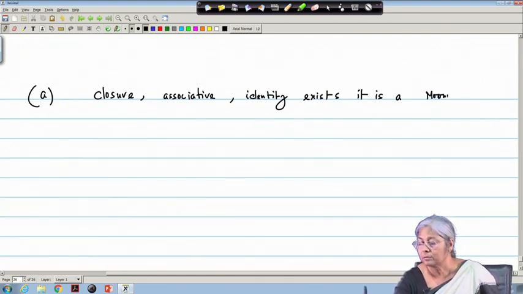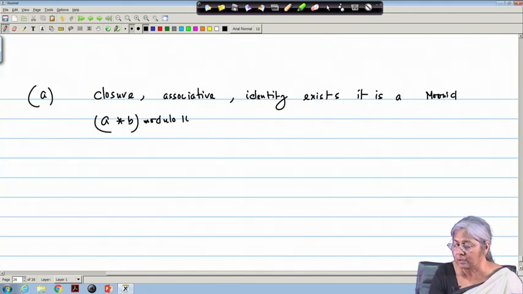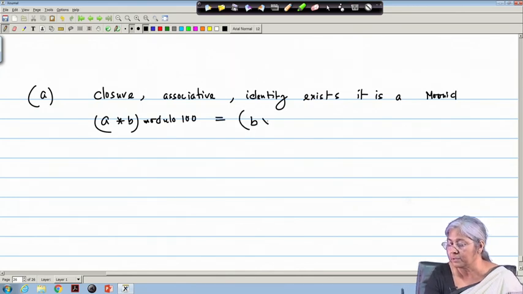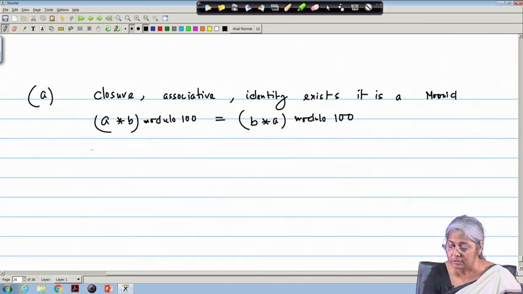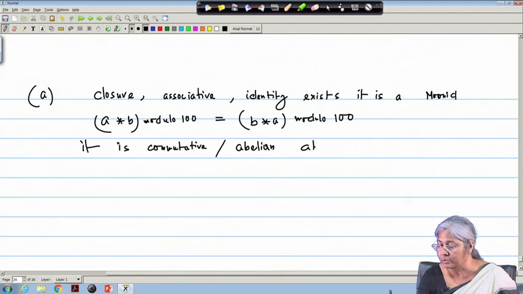Now, here we see that A star B modulo 100 is obviously B star A modulo 100. So, it is commutative, that means it is abelian. So, it is an abelian monoid.